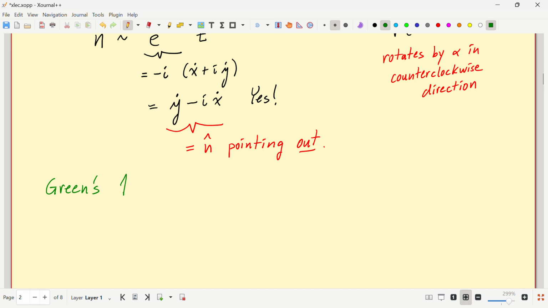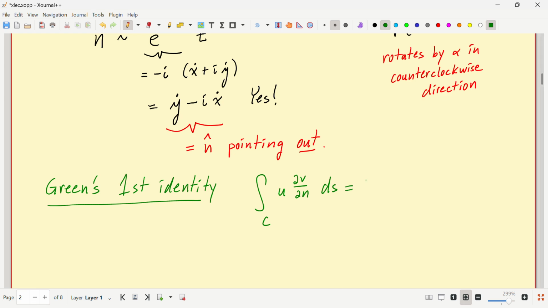Green's first identity is that the integral around C of u dv/dn ds is equal to the integral around the inside of the disk, or any domain in fact, of grad u dot grad v plus u times the Laplacian of v dx dy.